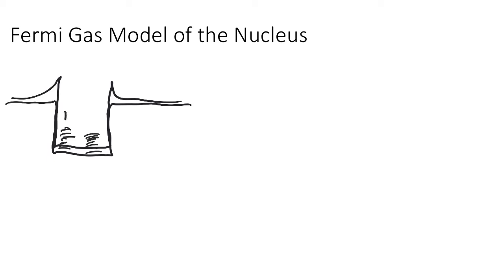I'm going to draw in the top ones. So imagine that I have a fully filled set where I have an even number of neutrons and an even number of protons, and I fill up the levels so that at the top energy level I have a pair of protons and a pair of neutrons. And I start from there.